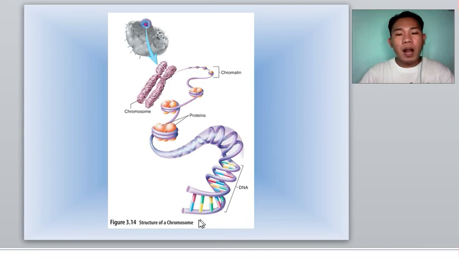From fragments of genes that make up our DNA, it will be coiled around proteins known as histones, and will coil further and be tightly packed to form the chromosome. And as I said earlier, this chromosome can be visible under the microscope if the cell will undergo cell division.